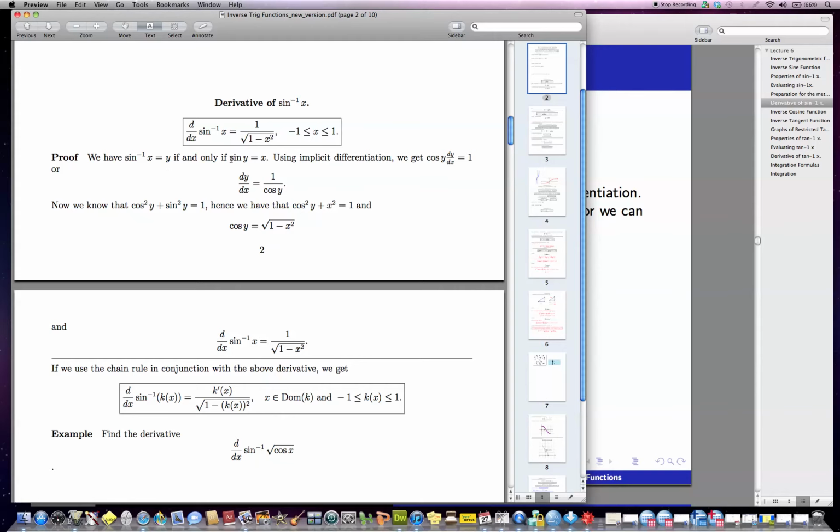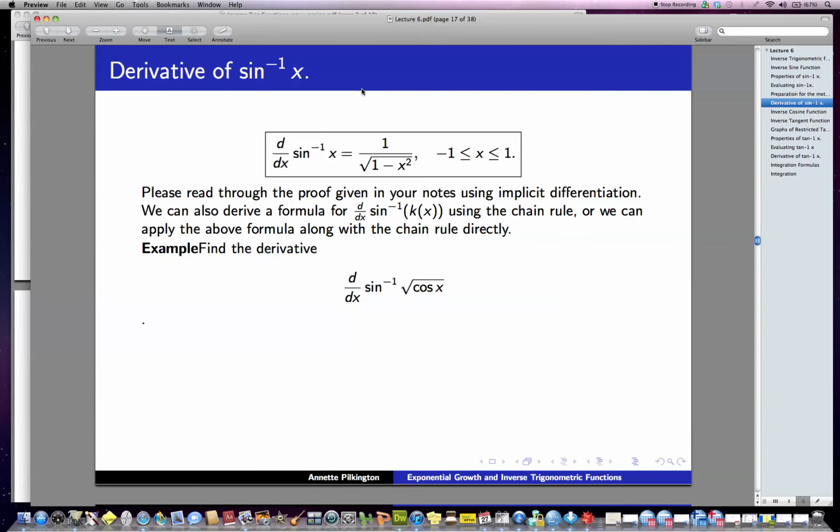If we differentiate both sides of this equation, we get cosine of y times dy/dx is 1, so dy/dx is 1 over cosine of y. Now we know that cosine squared plus sine squared is 1, so cosine is the square root of 1 minus sine squared of y, or the square root of 1 minus x squared. So the derivative of sine inverse of x is 1 over the square root of 1 minus x squared for any x between minus 1 and 1.